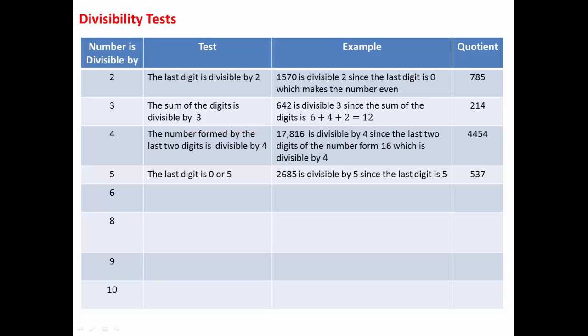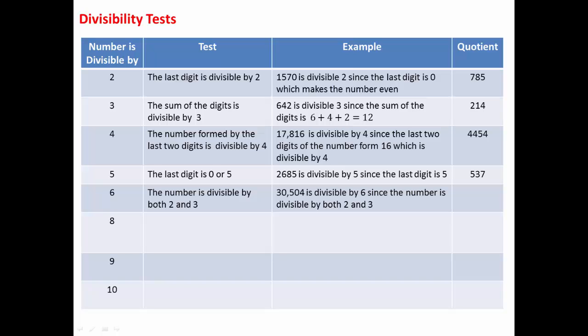A number is divisible by 6 if the number is divisible by both 2 and 3. An example of this one, 30,504 is divisible by 6 since the number is divisible by both 2 and 3. Notice that the last digit of the number is 4, which according to the first test tells us it is divisible by 2.